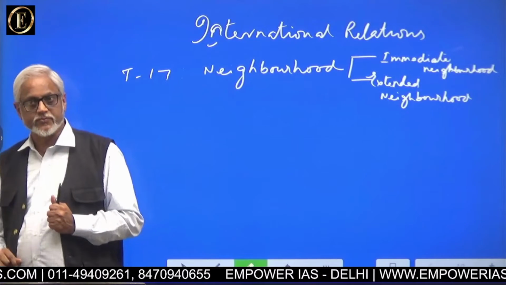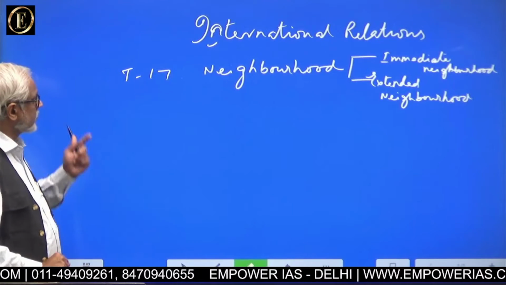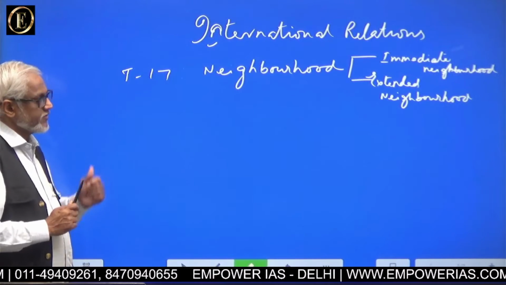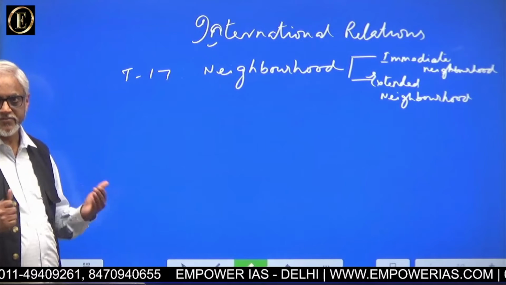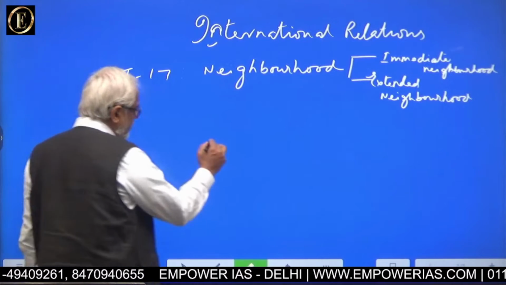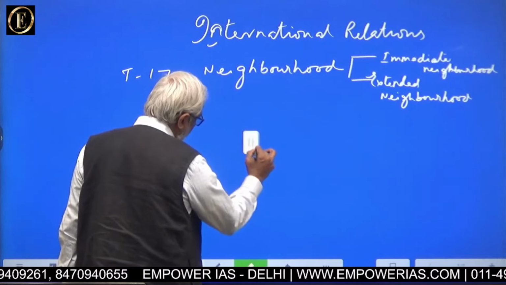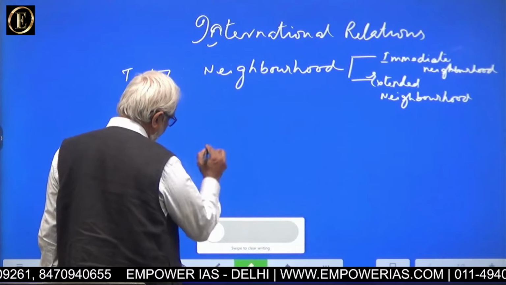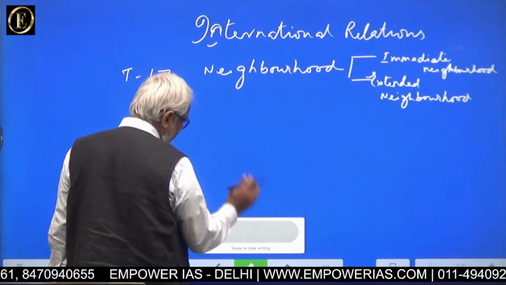First one is topic 17, which is about neighborhood, that is immediate neighborhood and extended neighborhood. Now let me just draw a small circle.